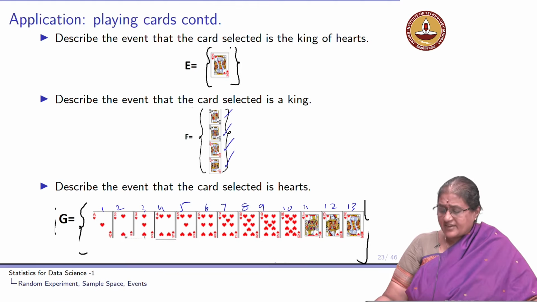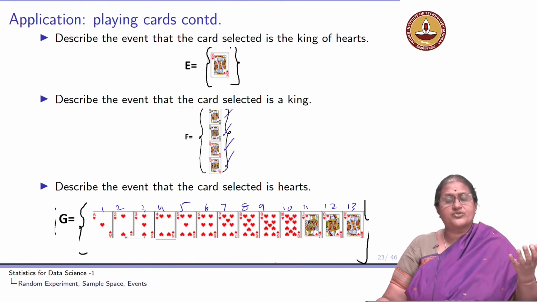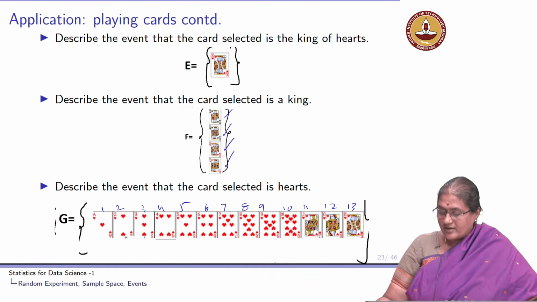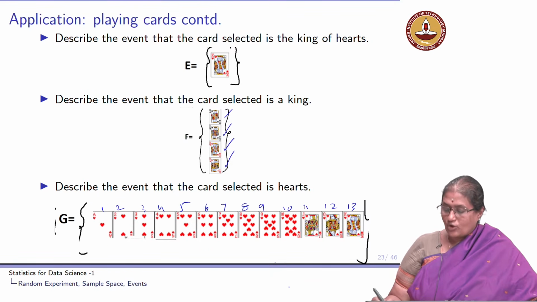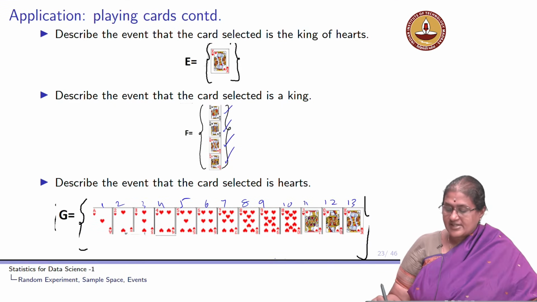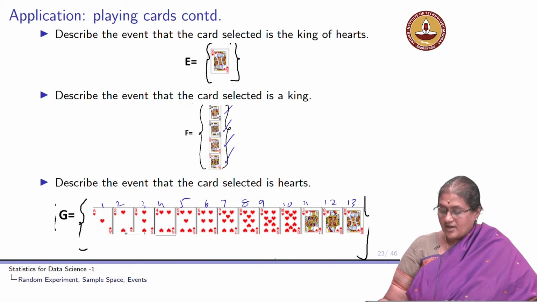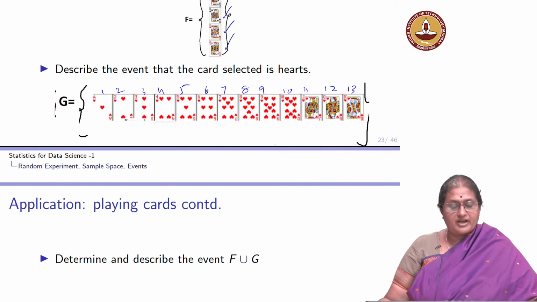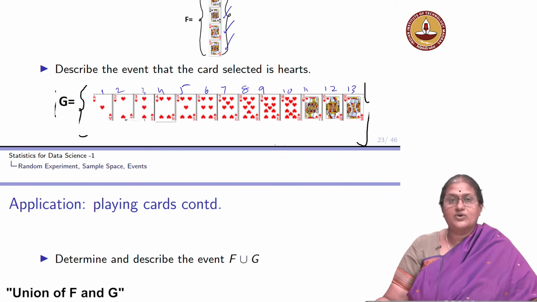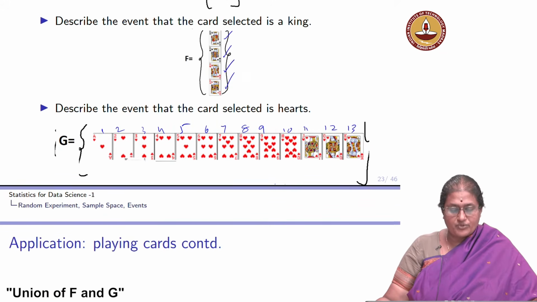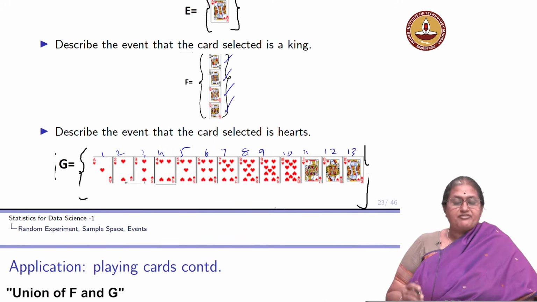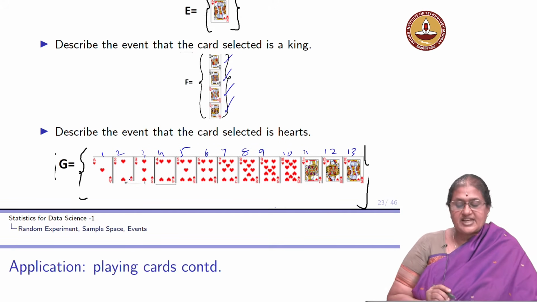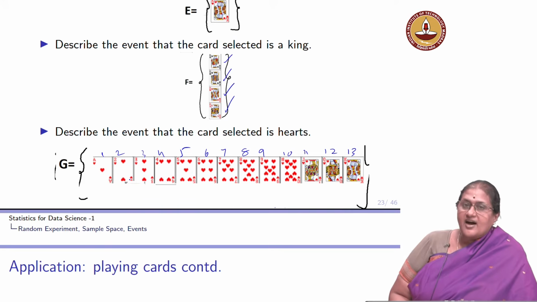So, you can see that we can describe these events using whatever we have defined earlier. Now let us look at set operations on these card sets. Suppose I want to describe the event F union G. Now, F is the event that the card selected is a king. G is the event that the card selected is a heart.